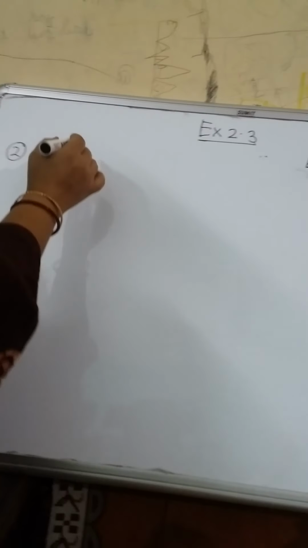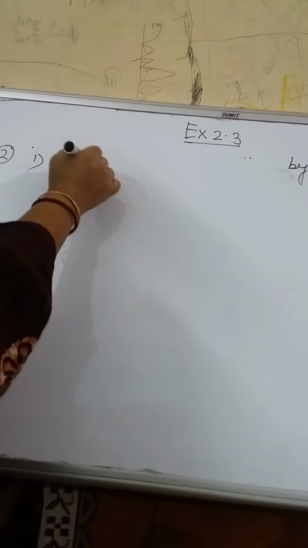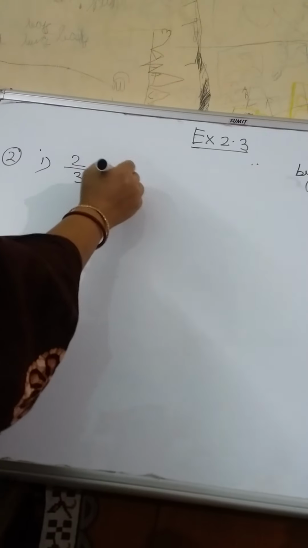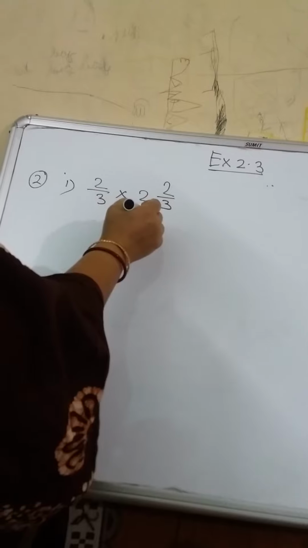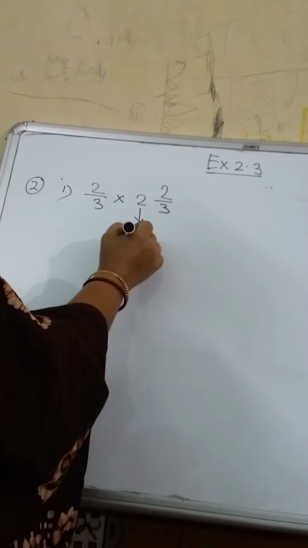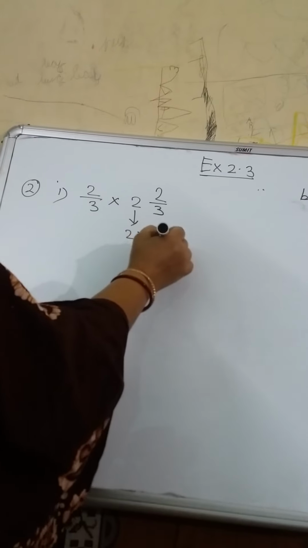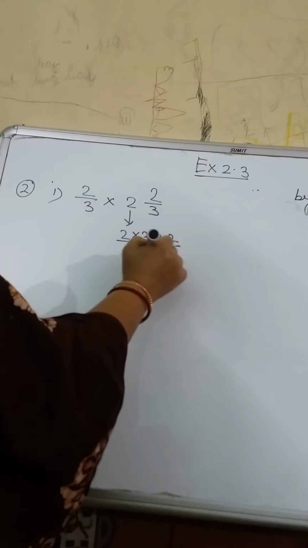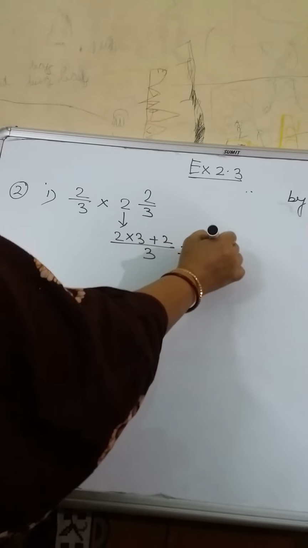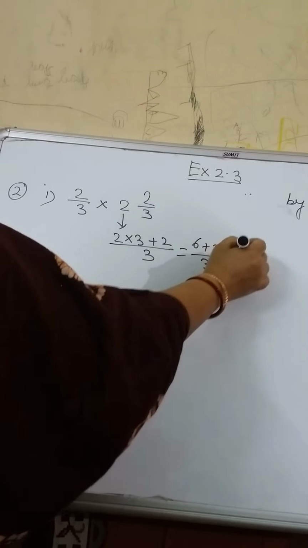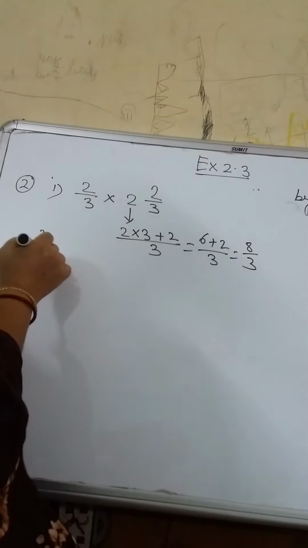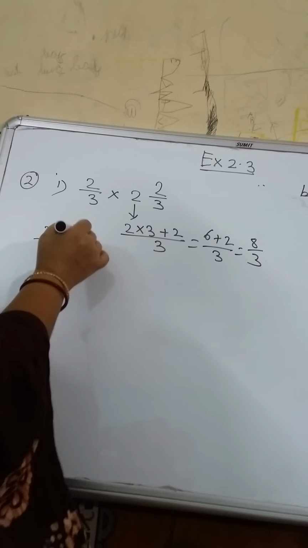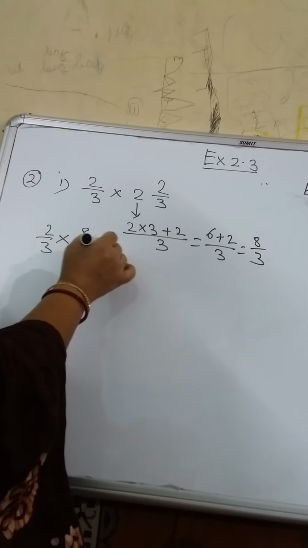Say question number 1, 2 by 3 into 2 whole 2 by 3. First you have to convert this into an improper fraction. When you convert, 2 into 3 is 6 plus 2 by 3, it is 8 by 3. So 2 by 3 should be multiplied by 8 by 3.